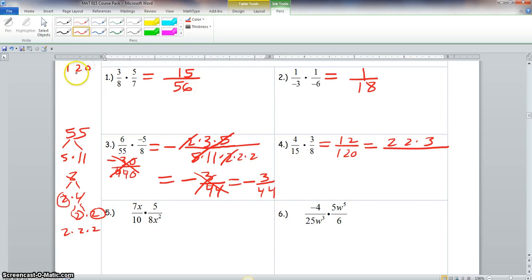So you have 120, we could do 2 times 60. 60 breaks down to 2 times 30, and we've done 30 before. We know 30 breaks down, well, we could do this 5 times 6, and 6 breaks down to 2 times 3. So we have 1, 2, 3 2's, 1 3, and 1 5.